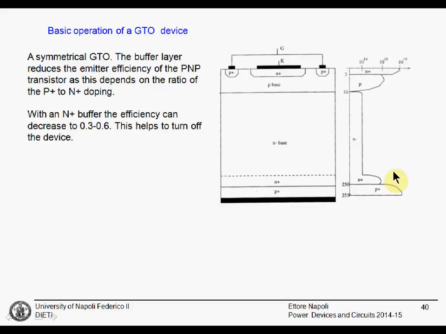Sorry, obviously this was N. Now the emitter efficiency is between this P plus and this N region, and working on this doping we can modify the gain. Here the raised contact is not shown in this scheme.